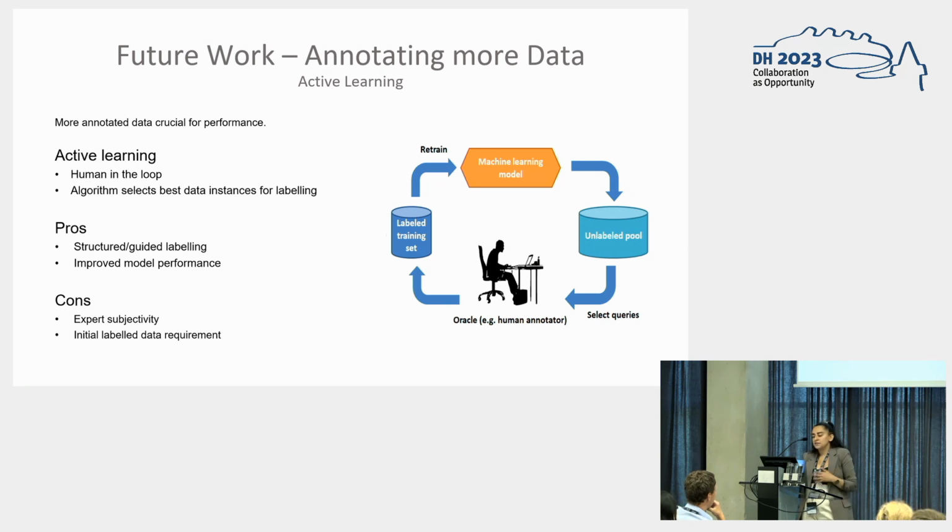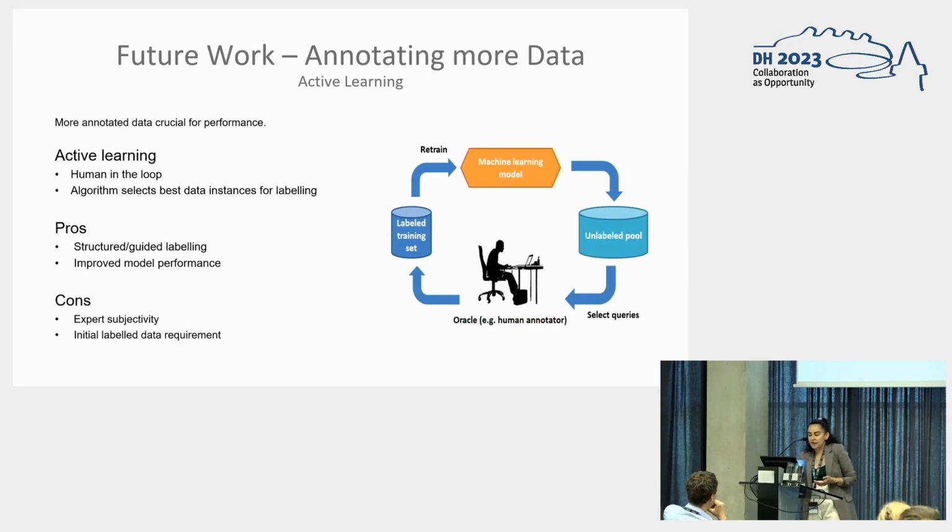It involves an iterative process where the algorithm selects instances from the unlabeled data and asks human experts to provide labels. It structures and guides the labeling process by focusing on the most informative or uncertain instances, making it more efficient and comprehensive than randomly labeling data.